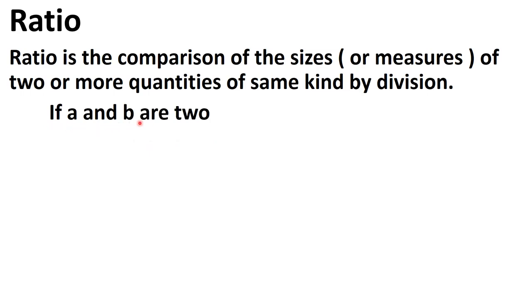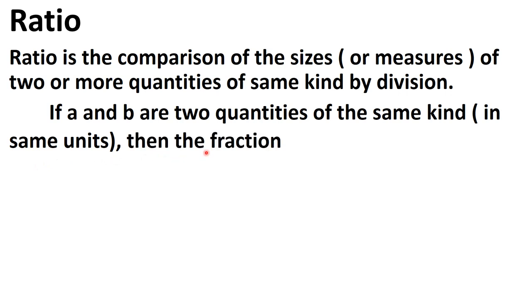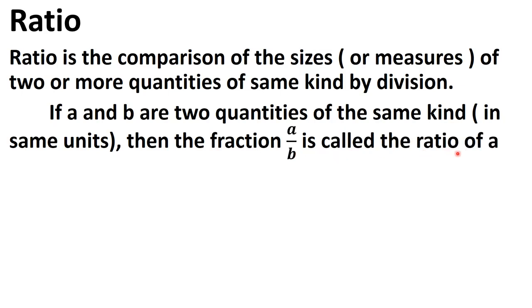If A and B are two quantities of the same kind in same units, then the fraction A upon B is called the ratio of A to B. If we have two quantities A and B, then A upon B is the ratio.